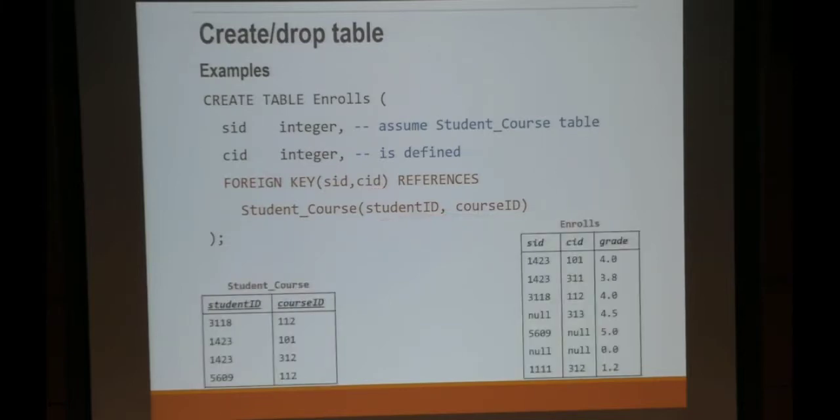For instance, again, if you look at this, if you only look at the individual row, you will find that for the CID here, because the CID references the course ID, you may think that this one is not allowed. Okay? If you look only at that particular row.